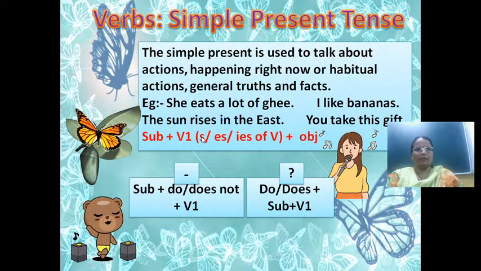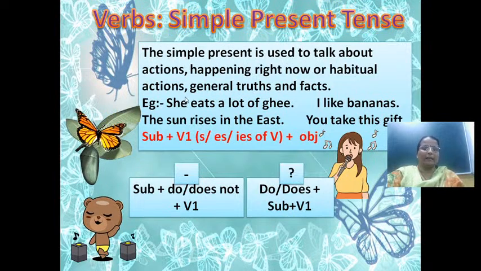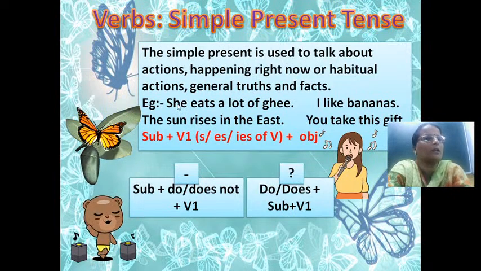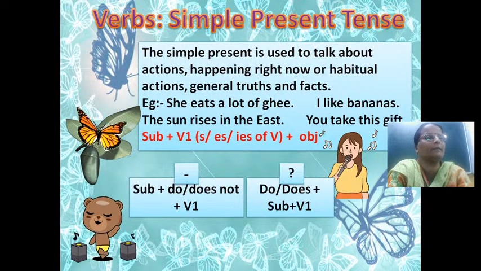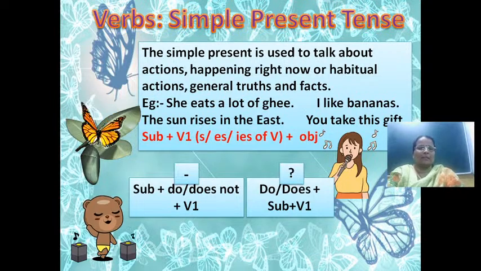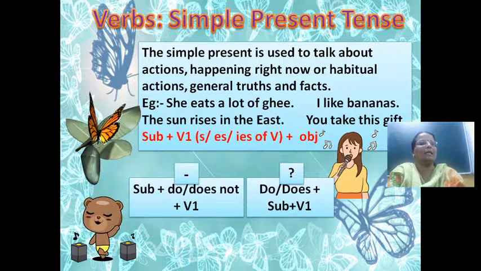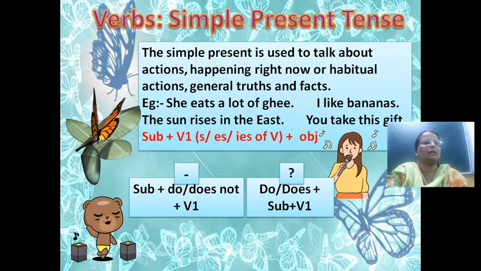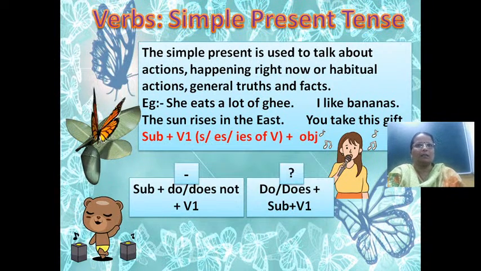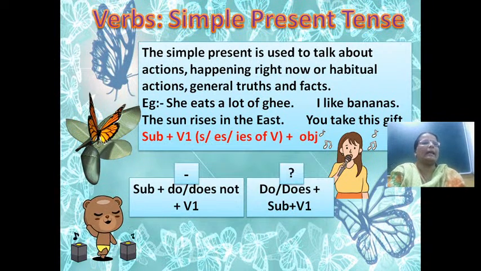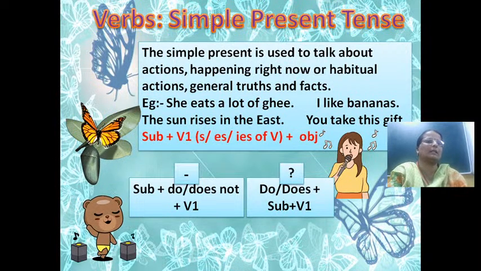See here itself, you should understand that, this is already discussed in the last class, pay attention again. Okay. If the subject is third person singular, that means she, he, it, or a monkey, Anil, Sunil, or Priyanka, Rashi, etc., then we have to add s, es or ies form of the verb with the subject to form simple present tense.